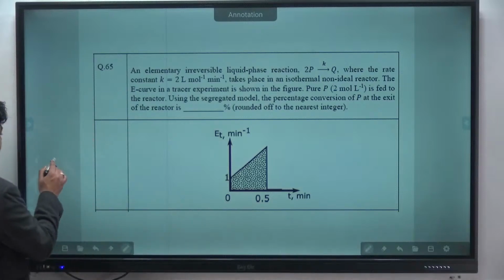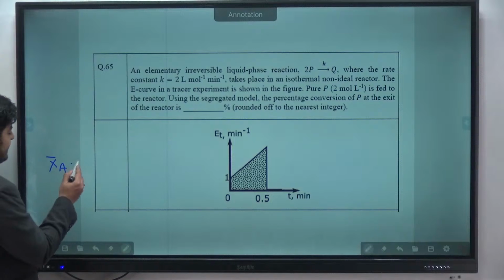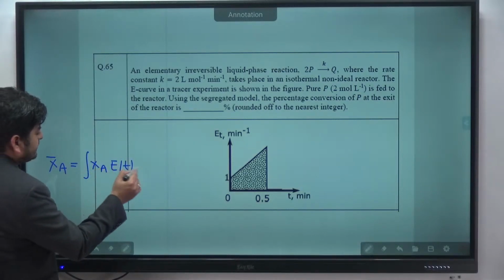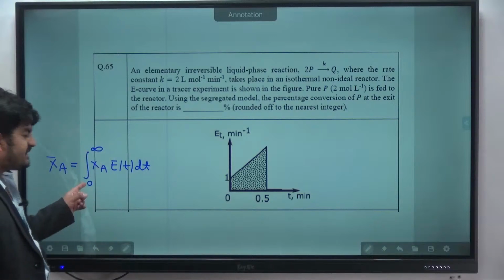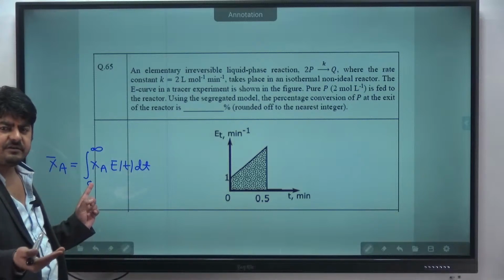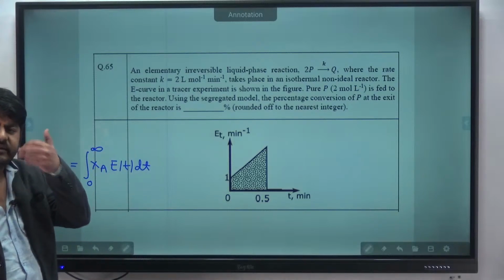According to the segregation model, which is one of the zero parameter models in non-ideal reactors, mean conversion can be calculated by using this expression, where zero is the time after which the tracer starts to leave the reactor, and infinity is the time till which all the tracer molecules have left the reactor.